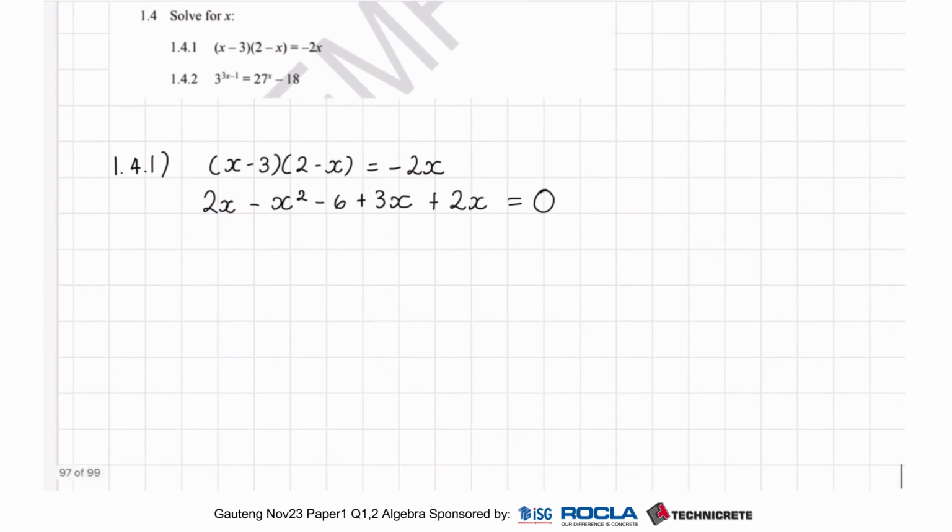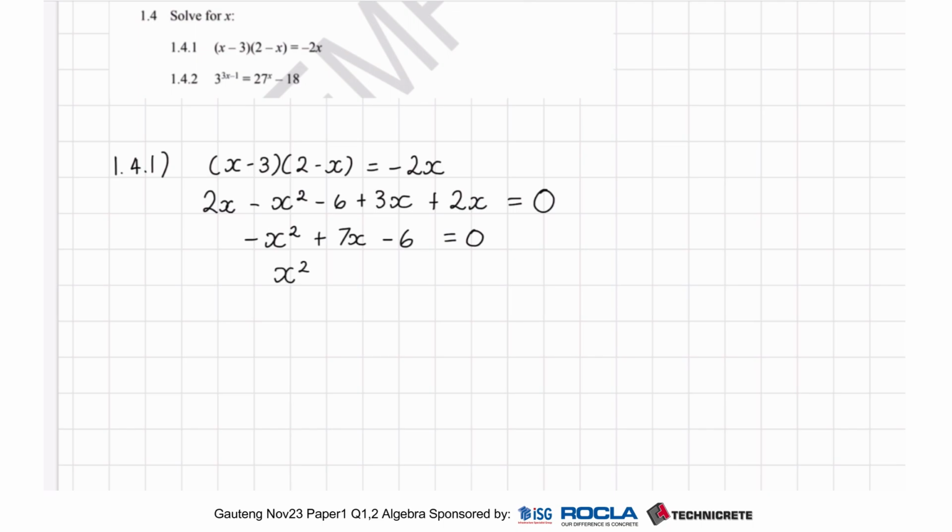Then I'm going to gather my like terms on the left-hand side, so I've got negative x squared. 2x plus 3x is 5x plus 2x is 7x. And then I just have minus 6 is equal to 0. I'm going to multiply everything by negative 1 so that my x squared can be positive.